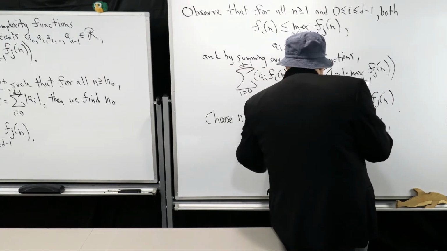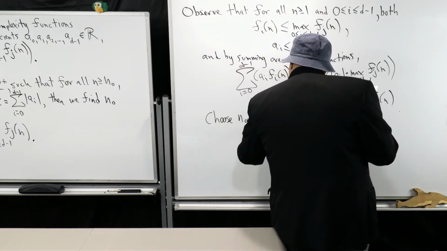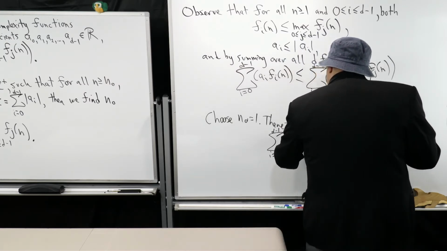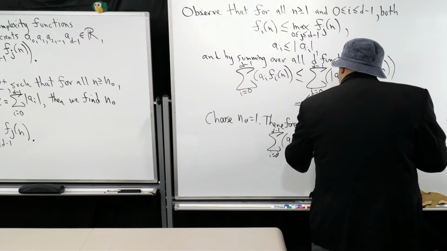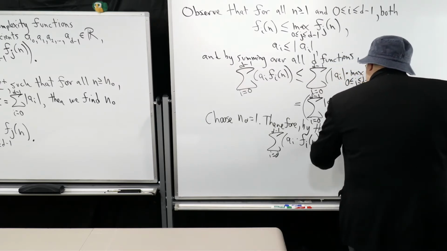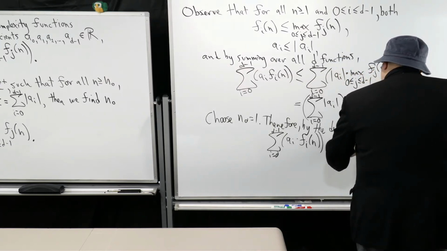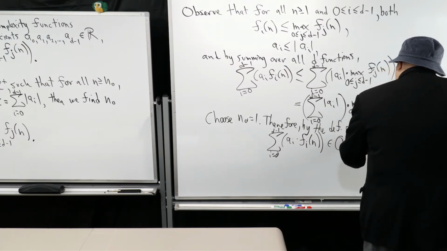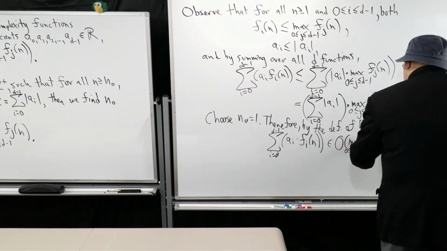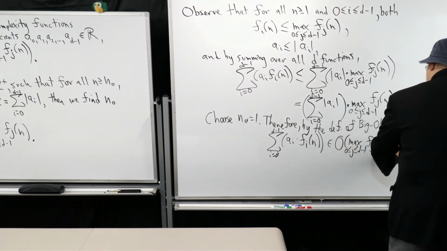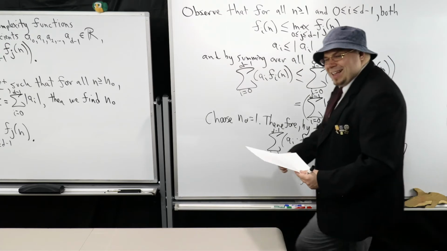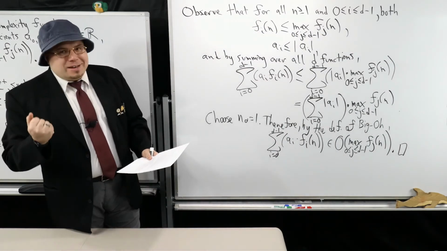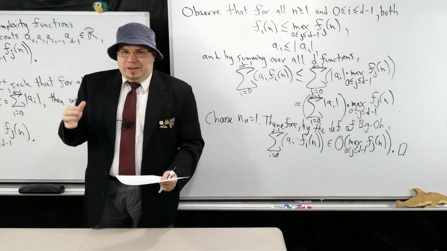Therefore, by the definition of big O, the sum from I is equal to 0 to d minus 1 of the product of a sub I times fi of n is indeed big O of the max, and we're done. Boom. Isn't that cool? So we proved actually this quite complicated looking statement with very little trickery.